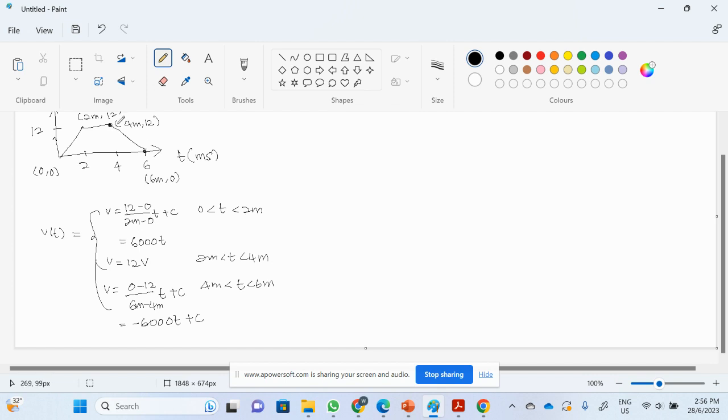Let's say kita ganti dengan koordinat awal, which is 4 mili, 12.